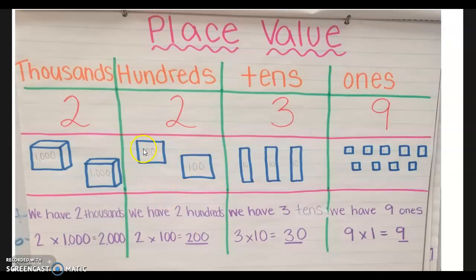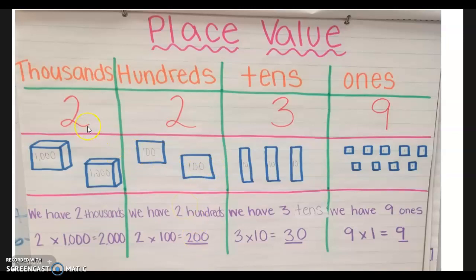So we have 2 100 flats drawn right here as our picture, right? So there's 2 of them. We don't have these individual unit cubes drawn. We have 2 hundreds flats drawn. So this doesn't really represent 2, it represents 200. So we have 2 hundreds, and 2 times 100, because we have these 100 blocks right here, is 200.